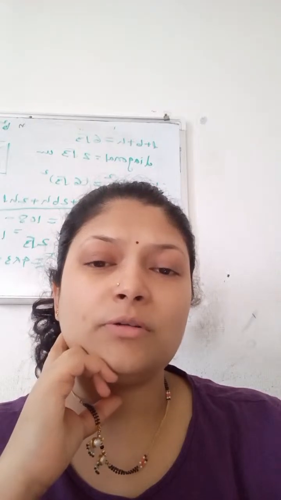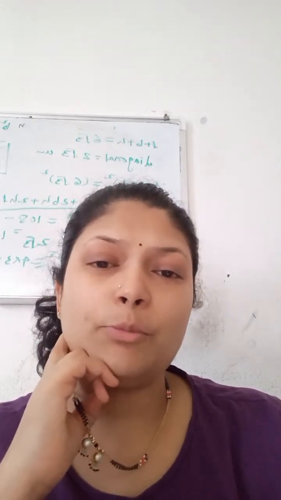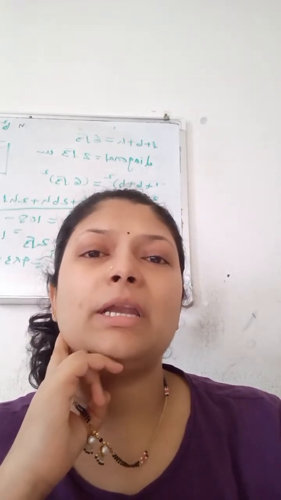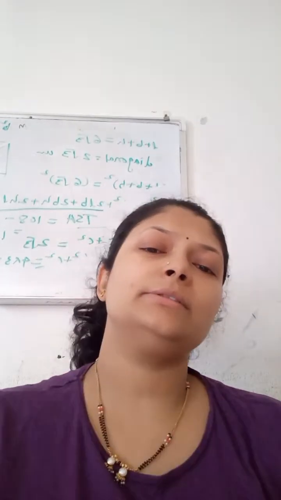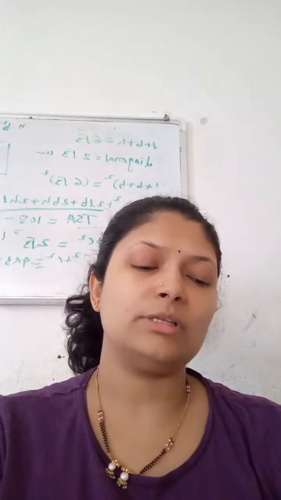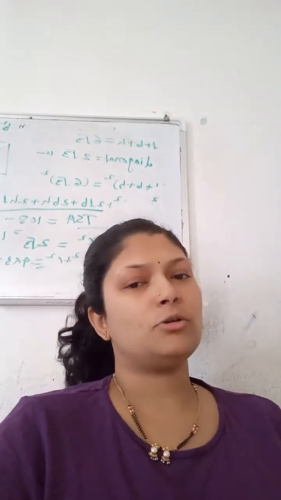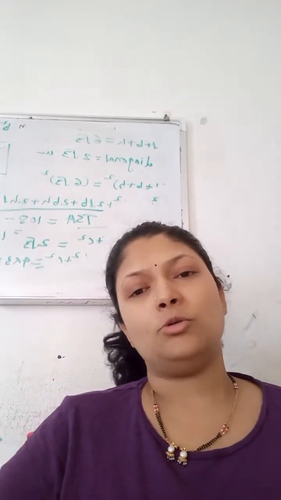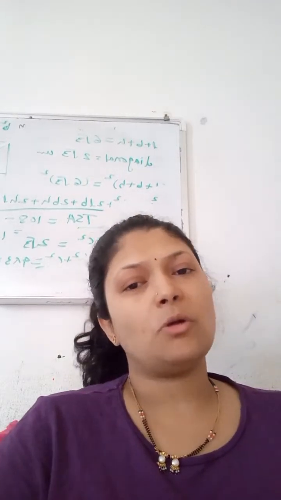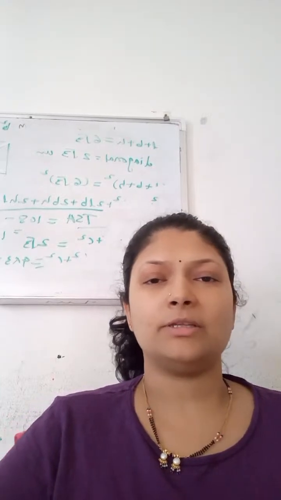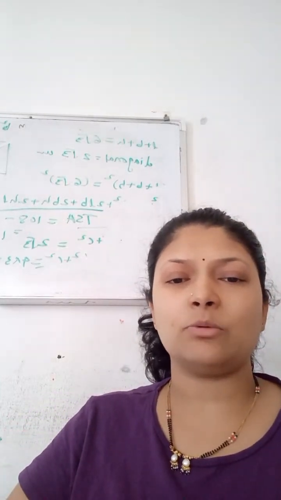Getting this? So normal urine consists of 95% water, 2.5% urea, and 2.5% other waste products. Getting this? So write down the next question.